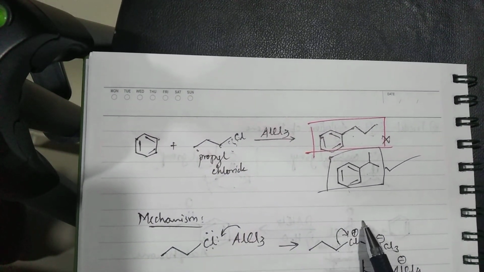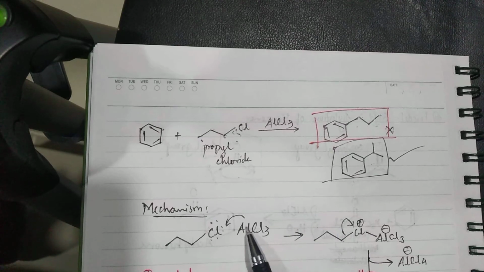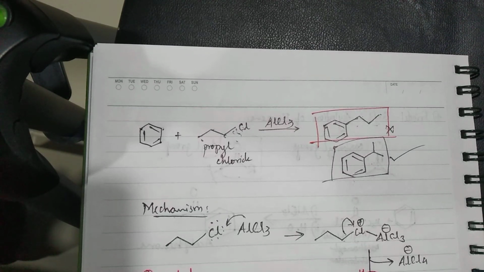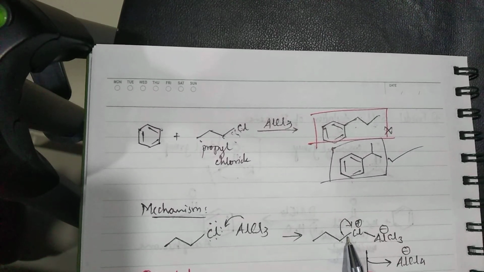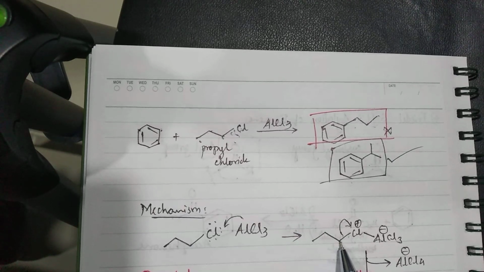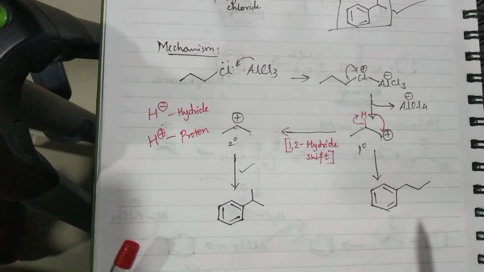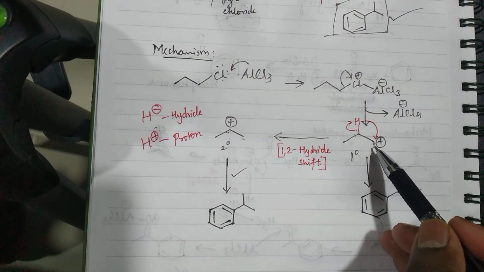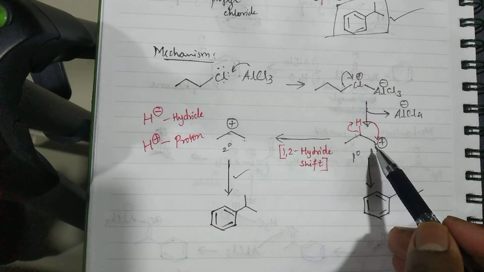The first step is very clear and evident. AlCl3 attaches itself to chlorine, and chlorine of course leaves with AlCl3, with the lone pairs and the sigma bonding electrons. So this carbon is left with a positive charge. Just follow the pointer that I'm showing on the screen. Don't get disturbed by what is on the other side.